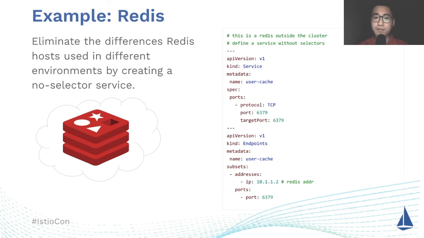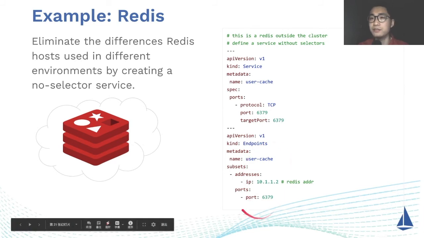Generally speaking, Redis here may be provided by any cloud vendor. In different environments, their addresses are not the same. In order to keep the same host across all environments, we could use a service without selectors. Like the YAML shown on the right, we define a service and an endpoint, and then we put the Redis addresses here.